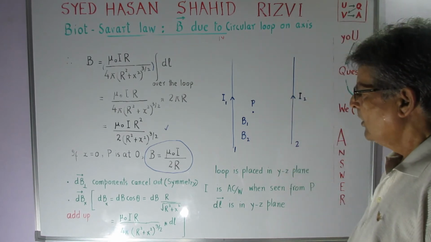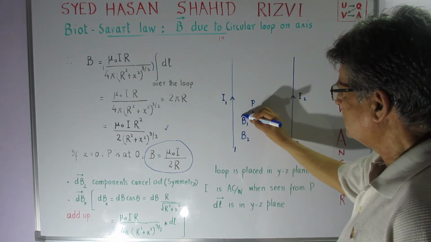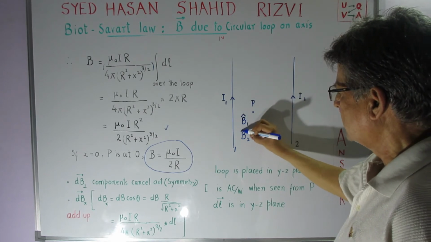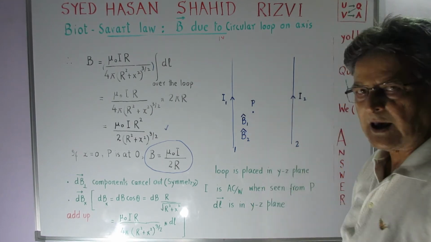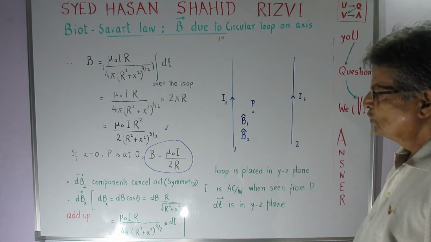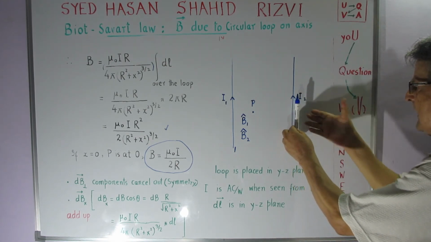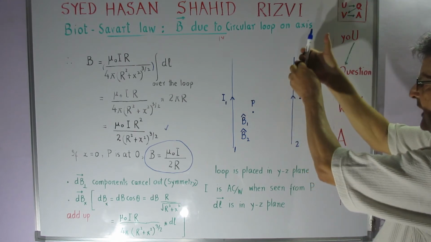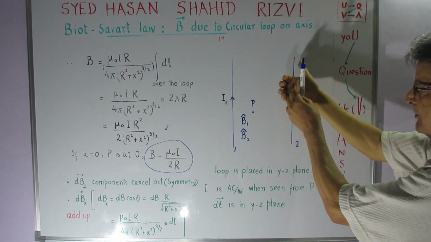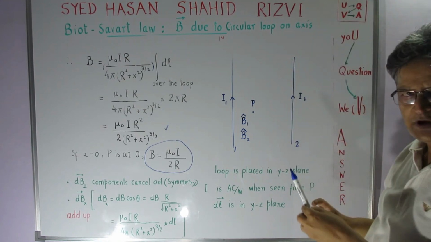Now I want to show the direction of B1 and the direction of B2, the caps. I hold this wire like this because the current direction is like this, and my fingers point outside.